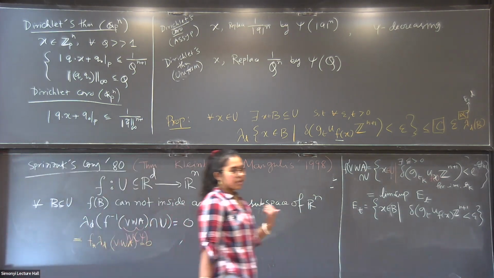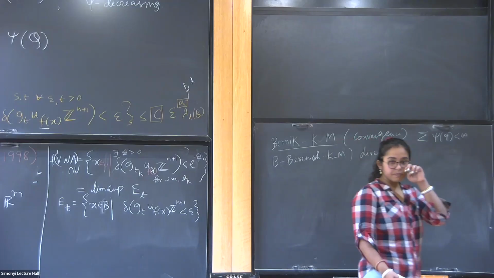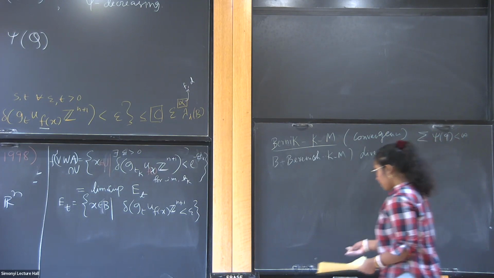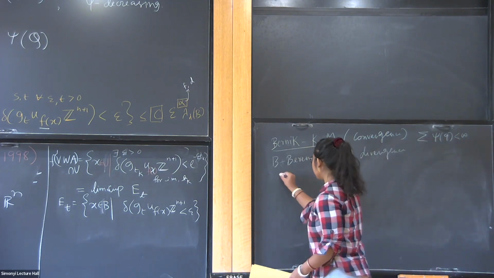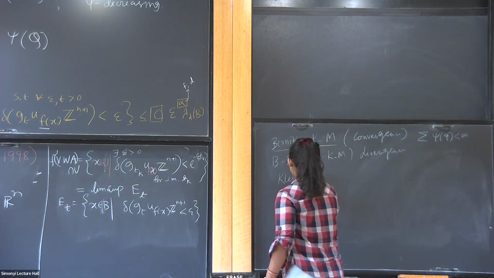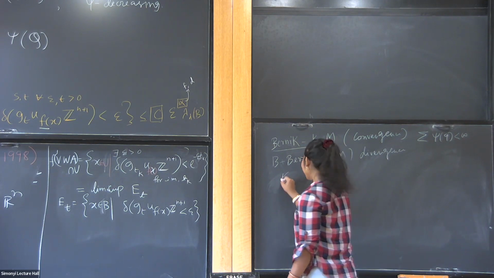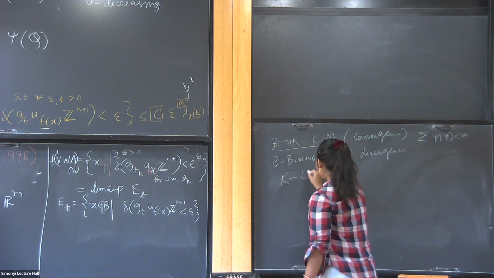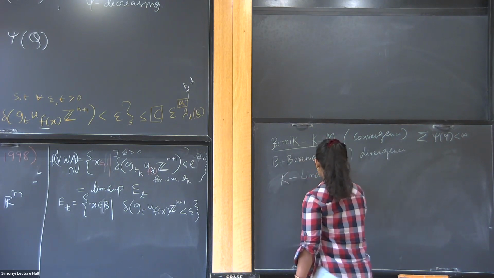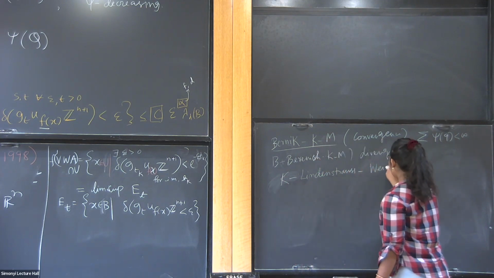Now instead of f star lambda, you can ask what happens if you have a fractal measure. This was a work by Kleinbock, Lindenstrauss, and Weiss.